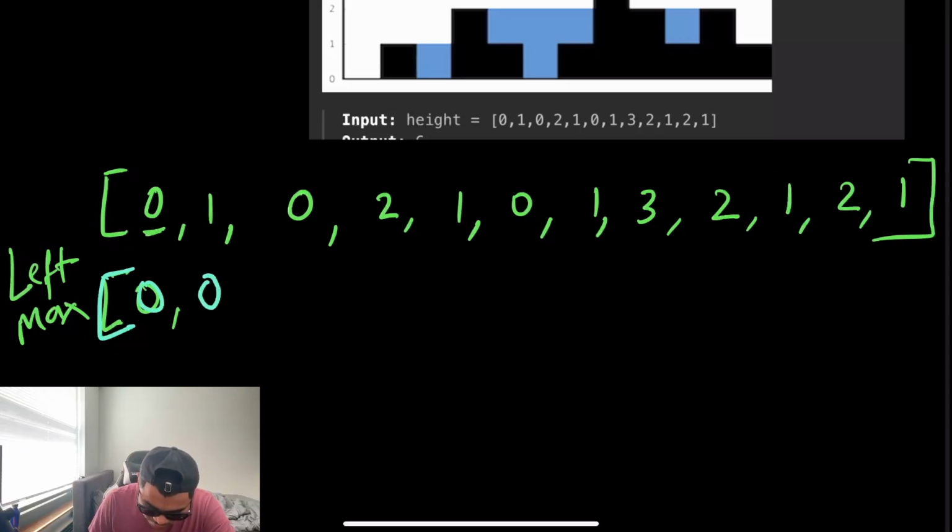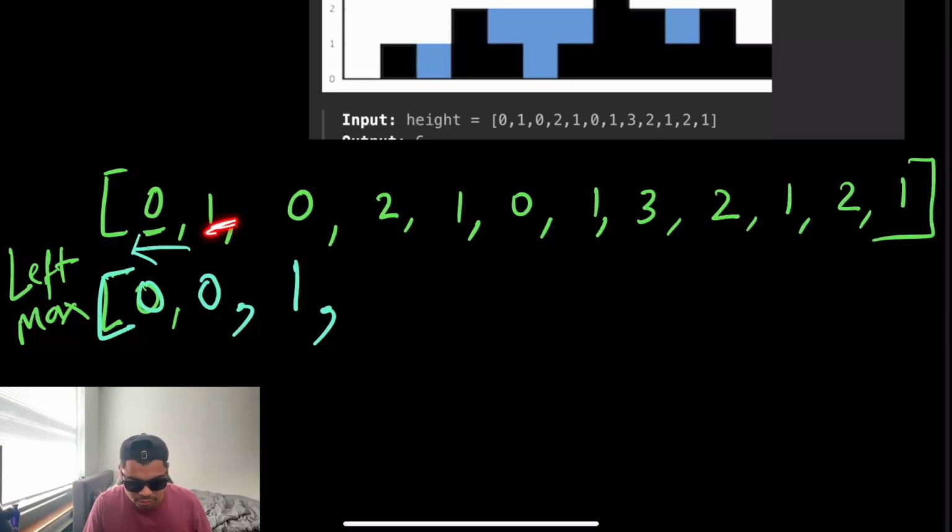So this will still be 0, because of the left max that it has seen so far, and here it will be 1. It's deciding basically the max of these 2 values: left max at ith minus 1, and this value only.